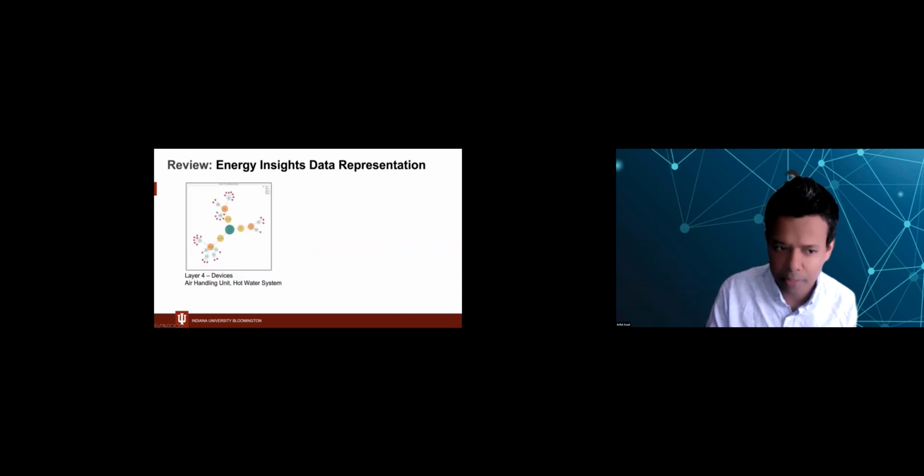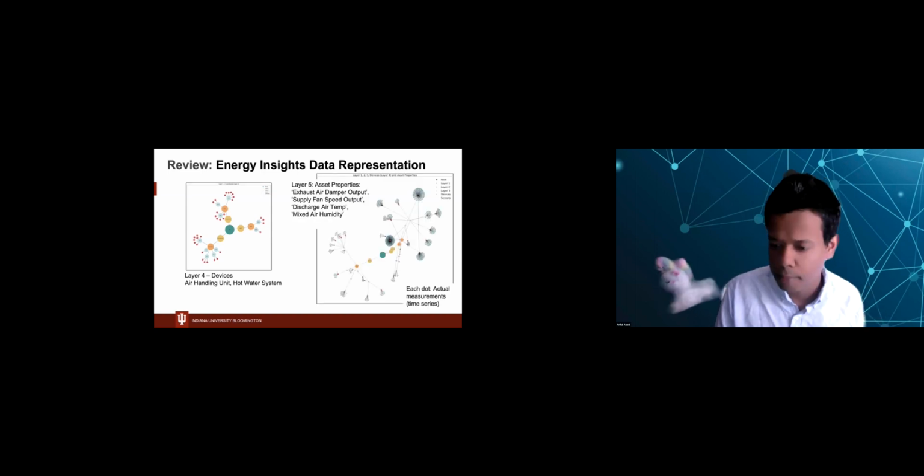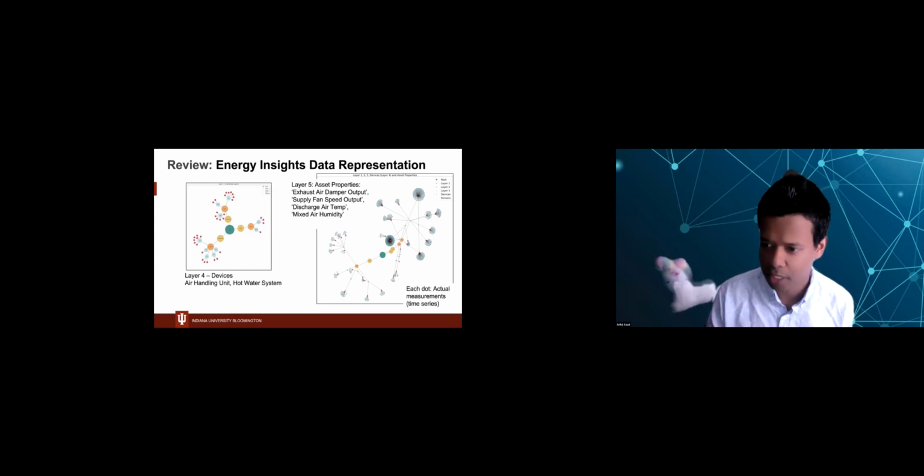We can go even deeper than that, and we can see we have air handling unit, hot water systems. Even if we go beyond that, then in all those devices, we have different measurements coming from sensors like air temperature, supply fan flow, air humidity, and so on. So we see multiple levels of hierarchy in this type of data.